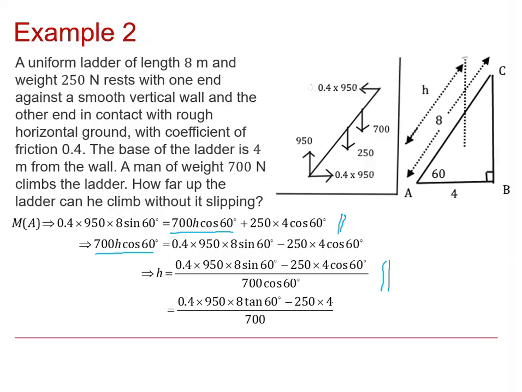So we have a simpler expression to evaluate. If I put the numbers into my calculator, it comes out as 6.093, etc. As usual, I've put in a token gesture in the direction of a full display and then rounded it on the next line. And that enables me to answer the question in context. So he can climb up 6.09 meters.